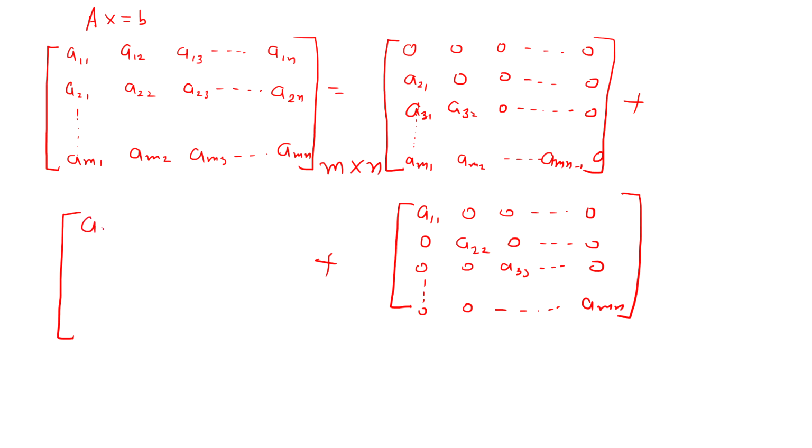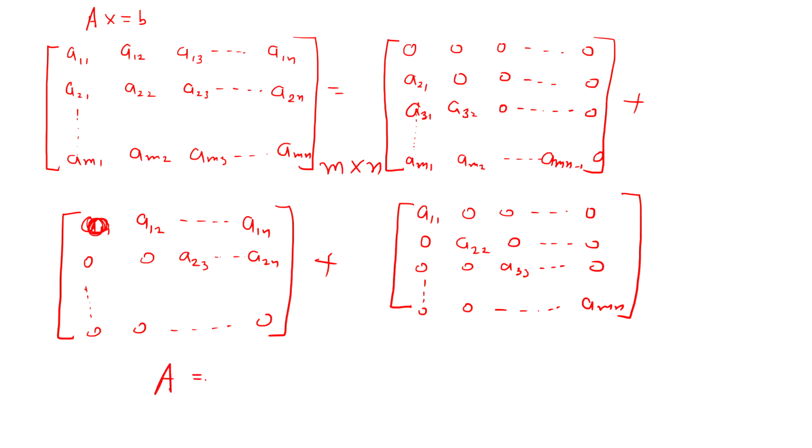And the third matrix has a11, a12, up to a1n in the first row, with zeros below the diagonal, and a23 going up to a2n, and so on. So basically this matrix A is taken as the summation of a lower triangular matrix, then this diagonal matrix, and the third matrix is this upper triangular matrix.